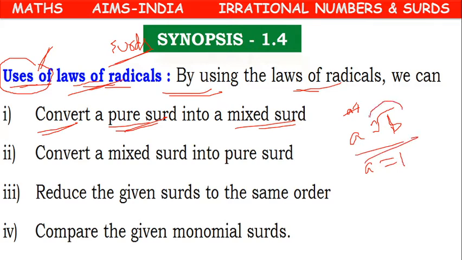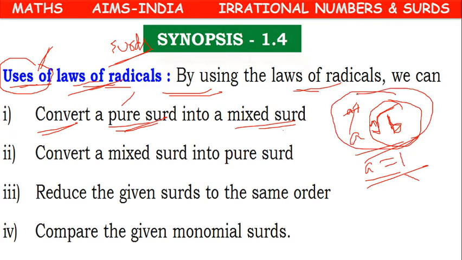Here nth root of b is the surd. If the multiple of the surd, a, is equal to 1, then we call it a pure surd. Otherwise, it is called a mixed surd, because it's a combination of a rational number and a surd.